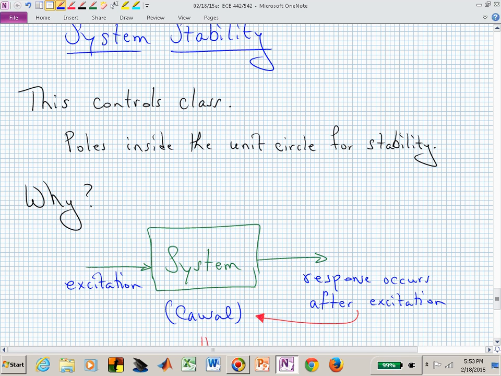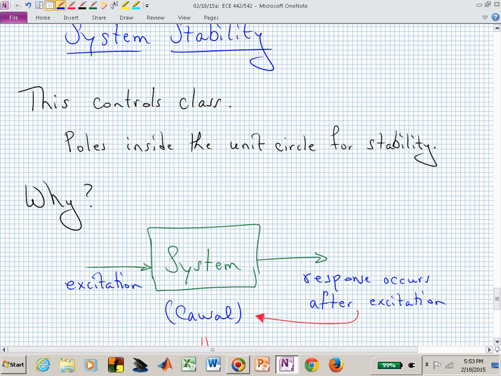So we are dealing with systems that are causal. We might have signals that are non-causal, two-sided. So when we're talking about signals, that's when we can have poles that are outside the unit circle and still give us bounded answers. But for systems, our systems in a control setting will be causal. We kick them and then they move. They don't move before we kick them.